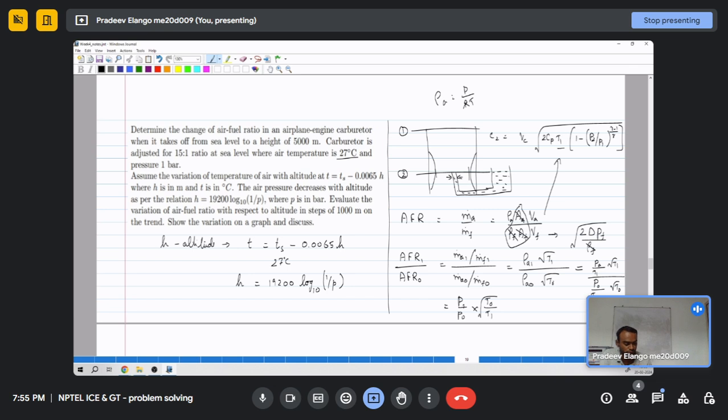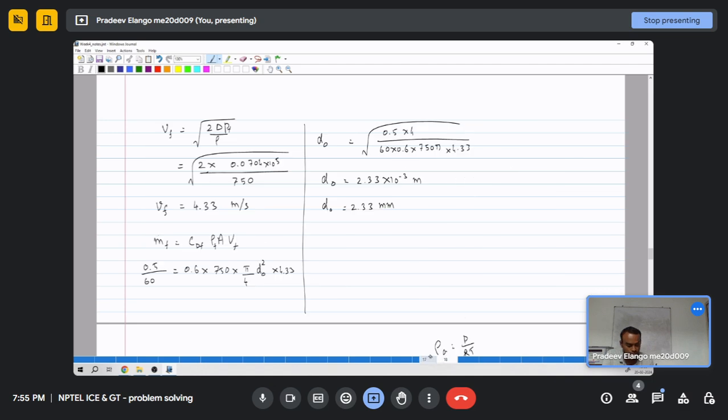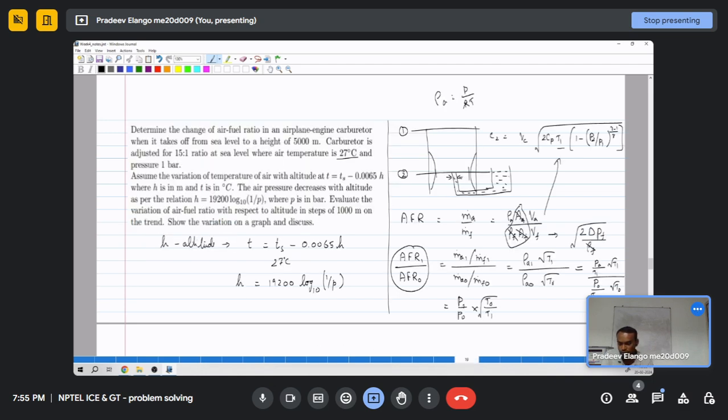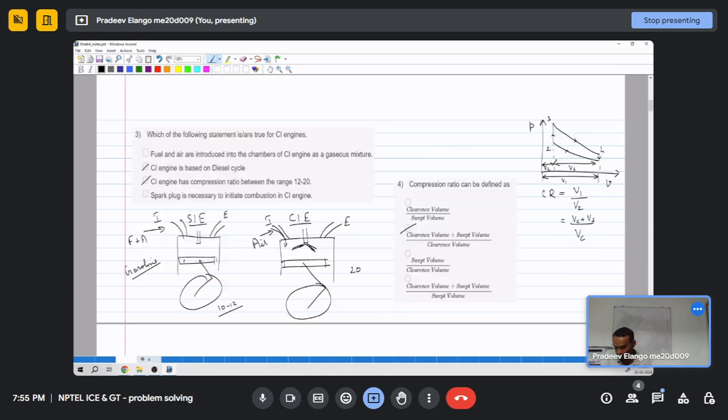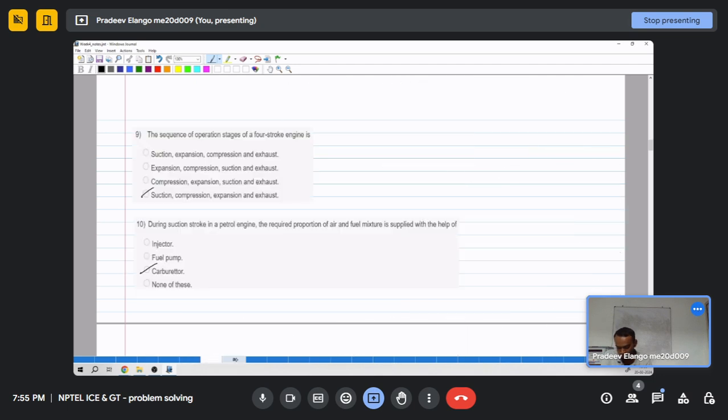At different altitudes, you can calculate P1 and T1, and then keep calculating the ratio of air-fuel ratio. So that means how much difference from 15:1 is what we can calculate. So this we can solve in the next class. We have only 5 minutes here. If you have any questions, if there are any previous questions, then you can discuss.